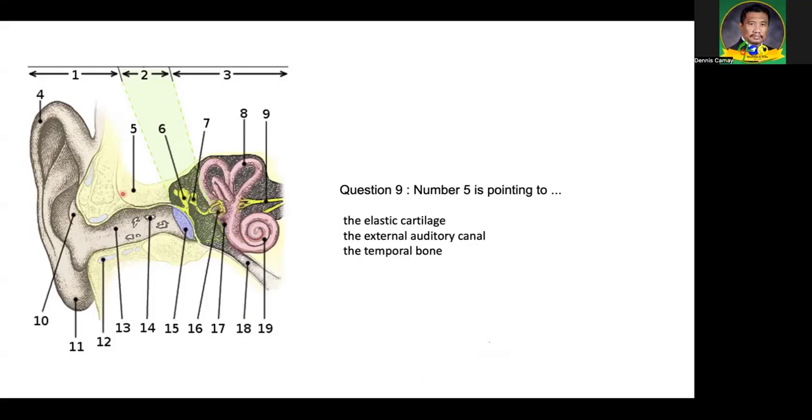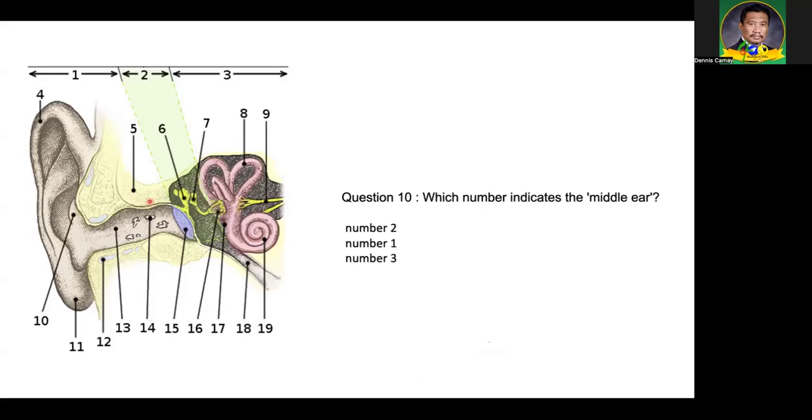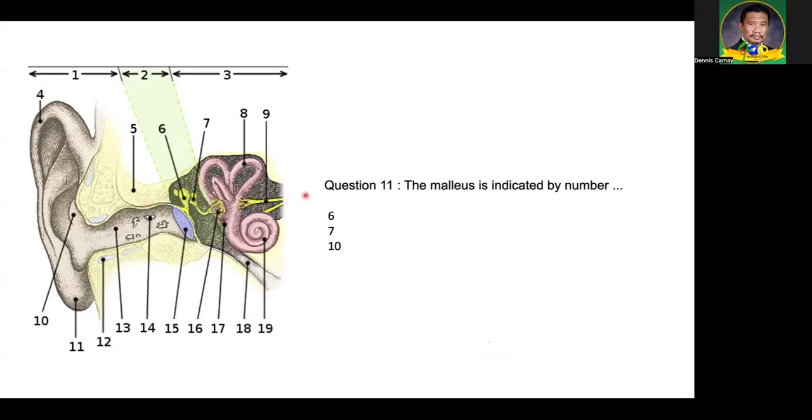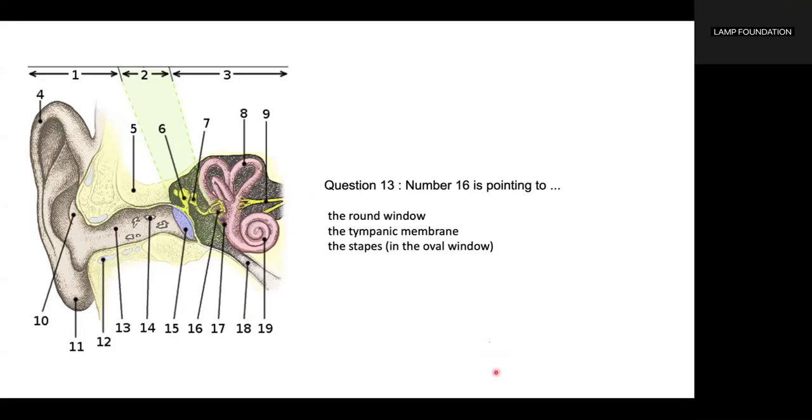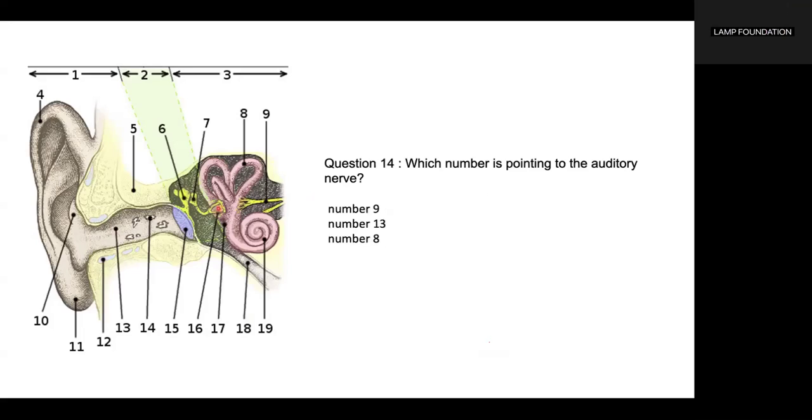The temporal bone. Middle ear. 1, 2, or 3? 2. The malleus, what number? 6. Incus. 7. What is number 16? The stapes.